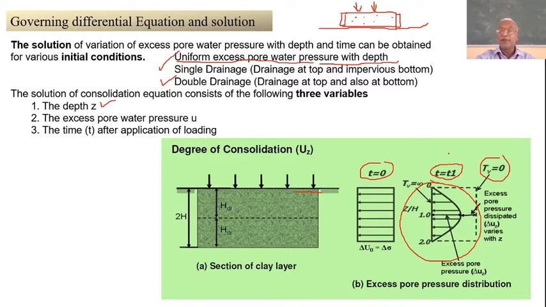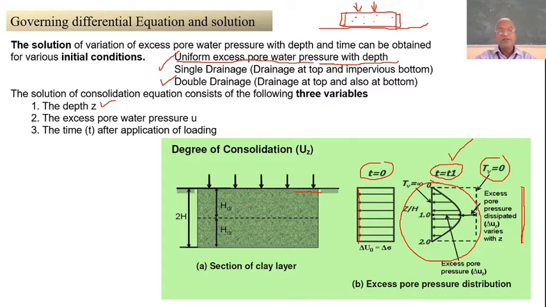But if you allow a sufficient amount of time, this pressure distribution becomes simply a single line. All that pore water pressure is reduced to 0. There is no pore water pressure left. Then we say that it is fully consolidated.